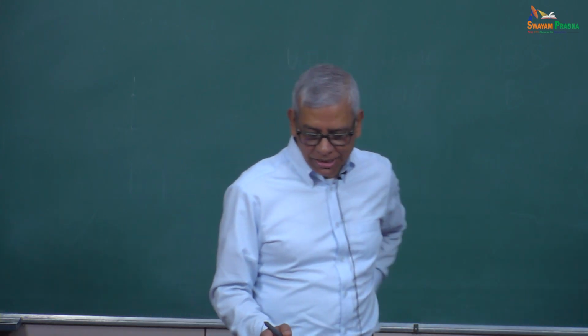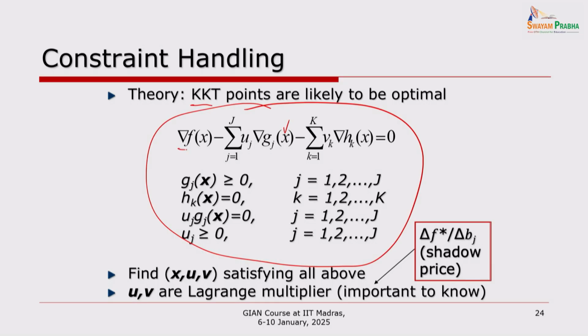Now of course, as you see, to satisfy these conditions you need to know the gradient of every objective function and every constraint function. If you don't have them, you can't apply it. Here x is coming from your algorithm and you are checking if it's a KKT point.